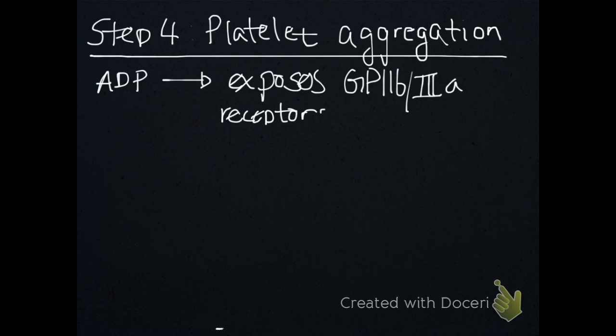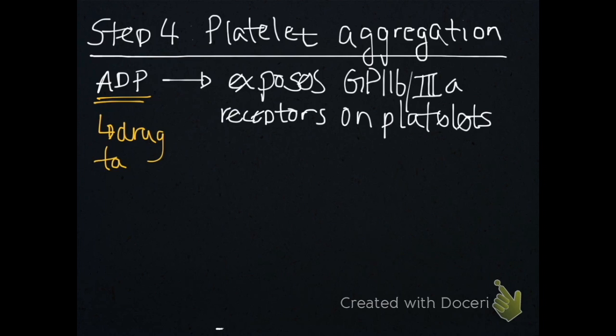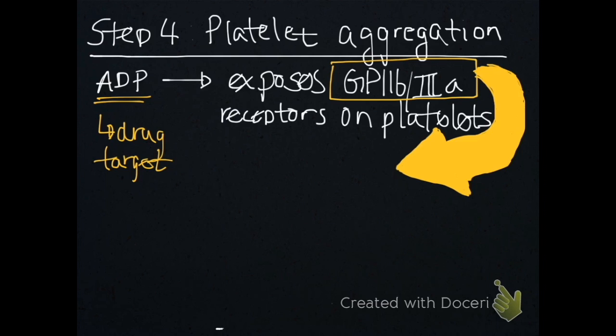This receptor is important because when it is not present or it is defective, it can result in a pathology known as Glanzmann thrombasthenia. In addition to that, ADP also serves as an important drug target when treating patients with clotting disorders. It functions as a drug target for a drug known as clopidogrel that many of you may be aware of.